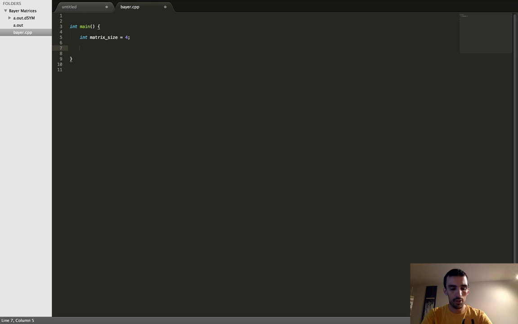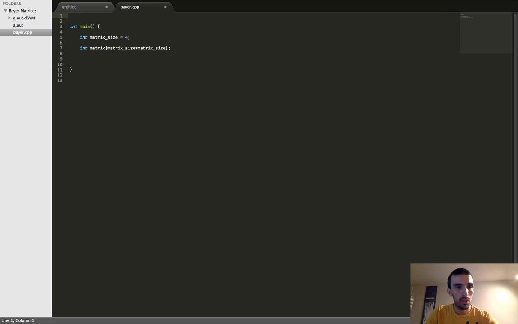We'll use integers for this. So I'm going to make my actual matrix, and matrix size, I'm going to have to make it like this. So that will allocate our actual matrix.